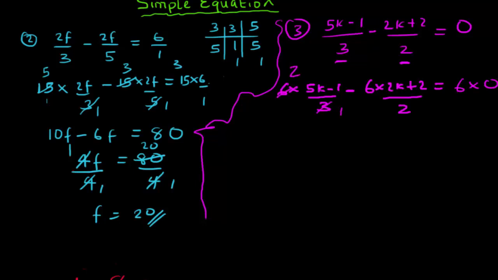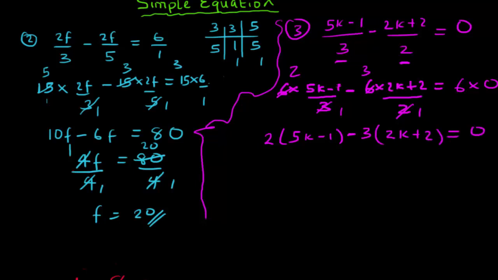Because in the numerator I have two entities, 5k and minus 1, to multiply by 2, I put it in brackets so that it will be easy for me. So I'm using brackets because I've got two entities multiplying 2. 2 here 1, 2 here 3. I put this in brackets too, because I have two entities, equals 6 times 0, which is 0.